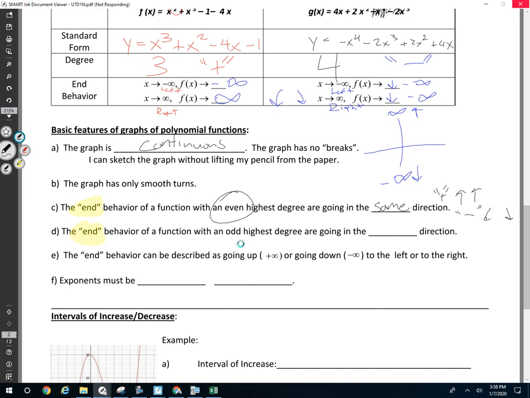This is like summing things up here. You're either going down then up, so this is x cubed, this is the tricky one, that's positive, or you're going up then down if you got a negative. Exponents must be positive whole numbers.